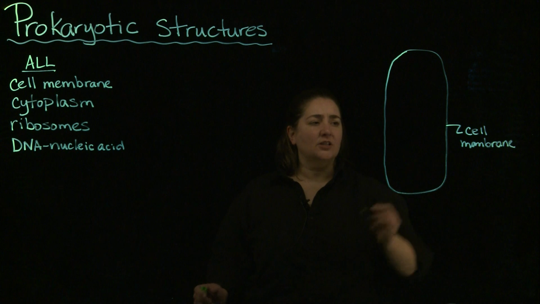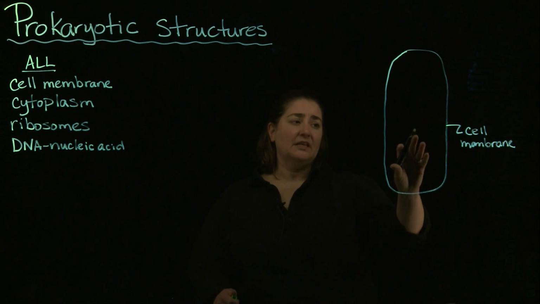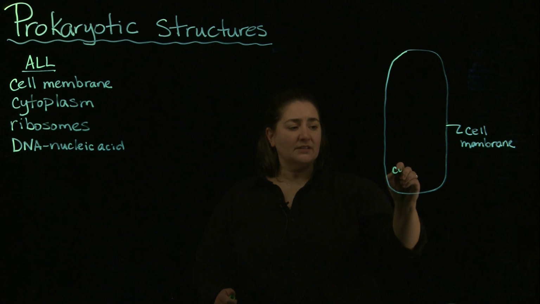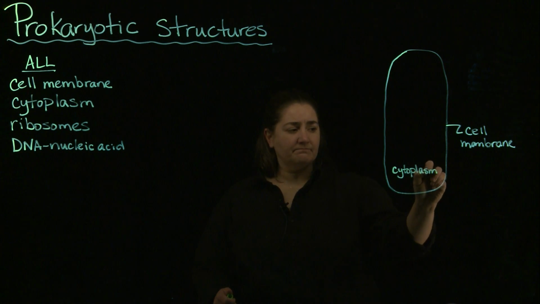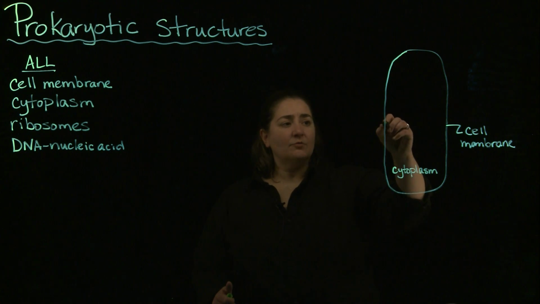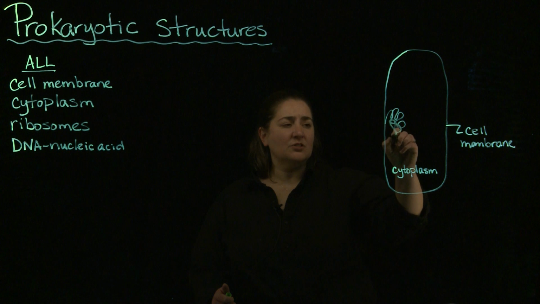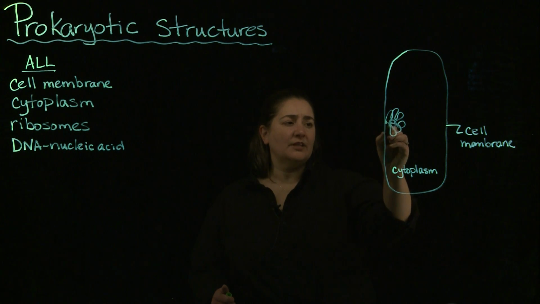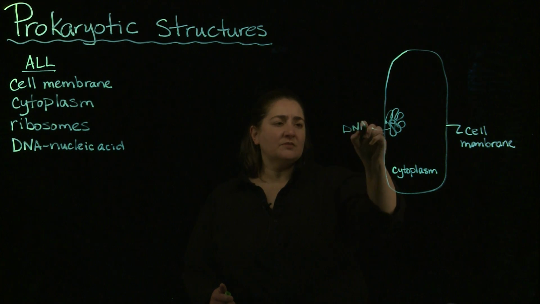This is going to enclose our prokaryotic cell. Inside the prokaryotic cell, we've got to have the cytoplasm. We also have to have, I'm just going to draw it squiggly over here, some DNA.